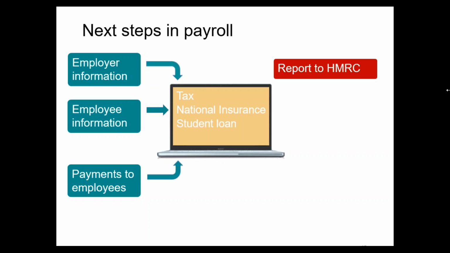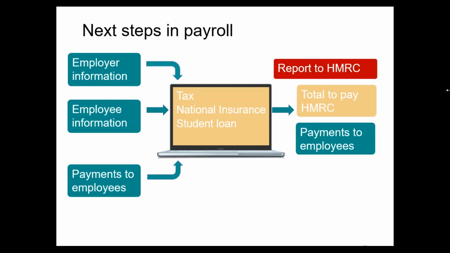Your next step is to submit this information through your software to let HMRC know the total you are due to pay to HMRC, what you've paid to your employees, and about any employees who have started or left your employment since the last report.